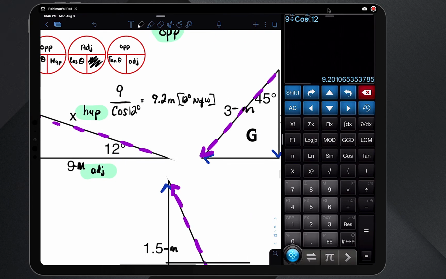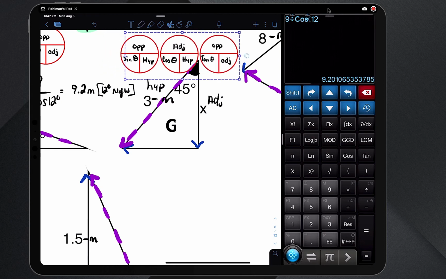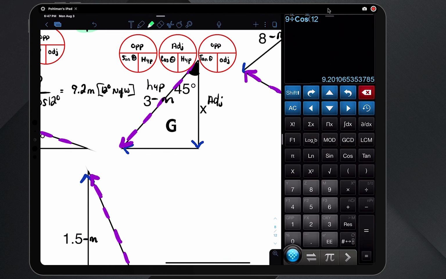All right, we go to letter G. Letter G, our angle is up here at the top, so that means that the x is again the adjacent side, and the 3 is, in this case, the hypotenuse. So from our list of formulas now, we need to see which one has the adjacent side and hypotenuse. That's this one. It's cosine once again. So you're trying to find the adjacent side this time. So I'm going to cover this up.